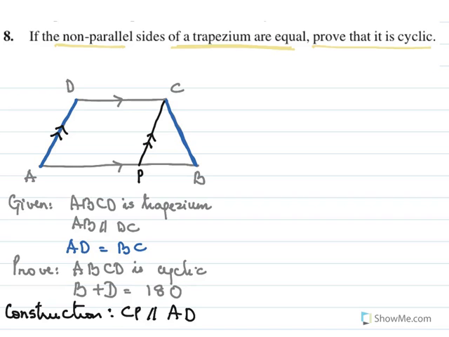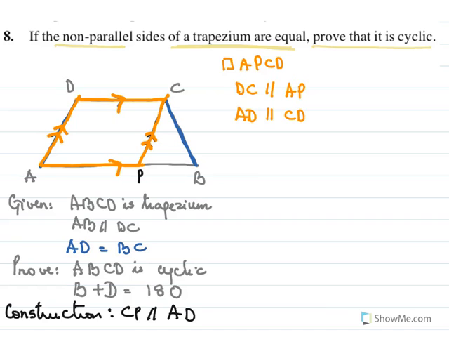Now here to start we have a parallelogram. We have DC parallel to AP here, and now we have AD also parallel to CP. So in the first step we'll take quadrilateral APCD and we'll say CD parallel to AP and AD parallel to CP.